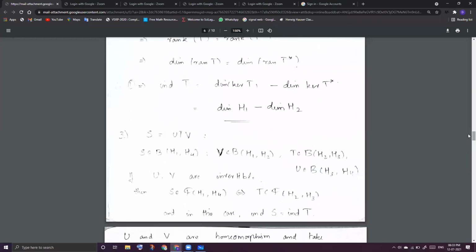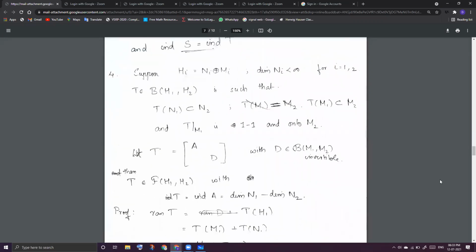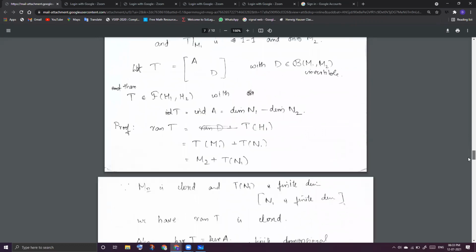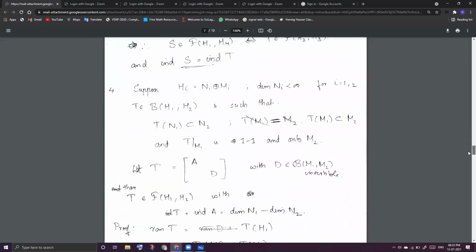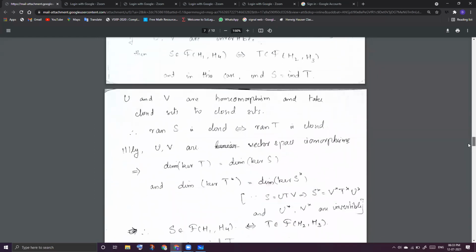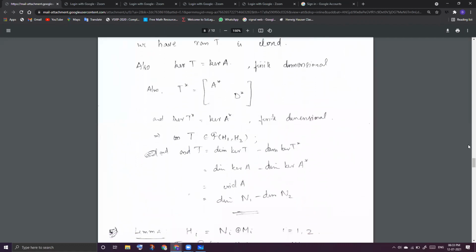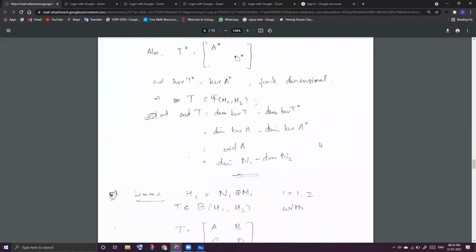This result, index of T is equal to dimension H1 minus dimension H2. From that result, we will have that index of T here is dimension of N1 minus dimension of N2.